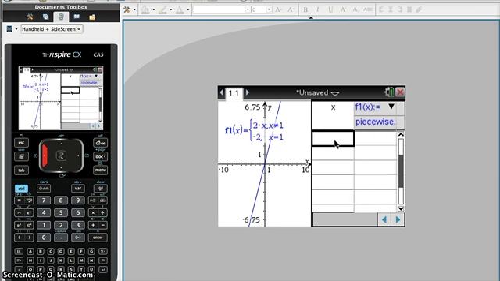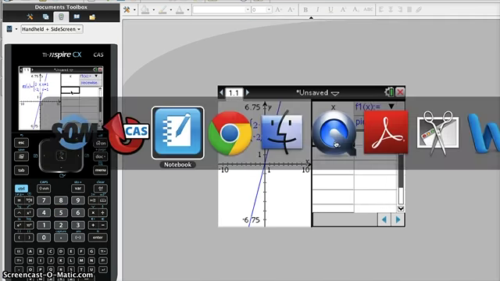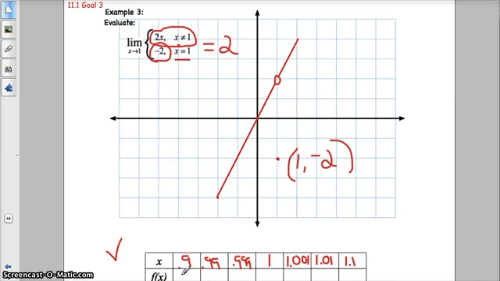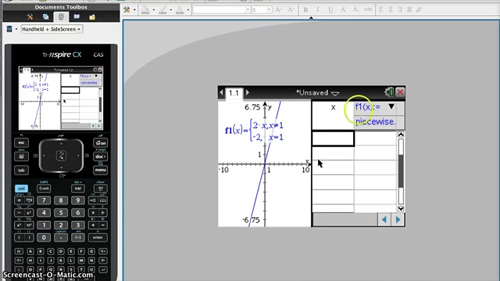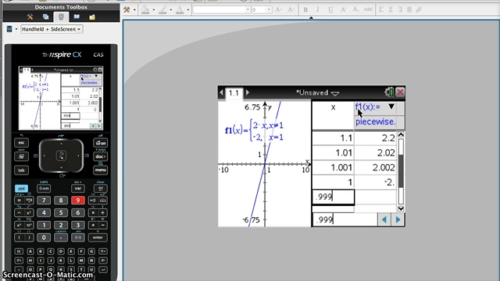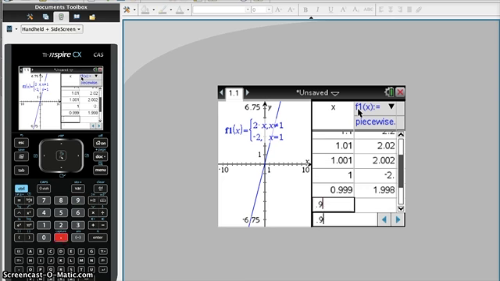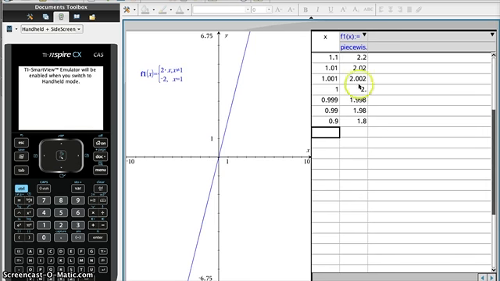Don't forget to enter your x coordinates in chronological order, so either smallest to largest or largest to smallest. Your preference on that. And then transfer your y coordinates onto your table right now.